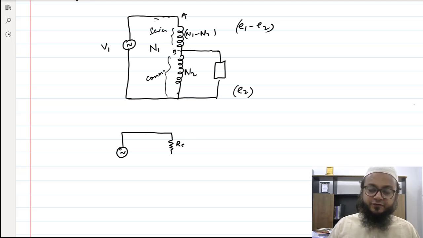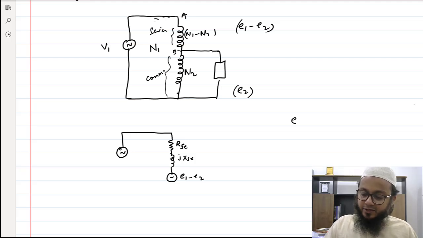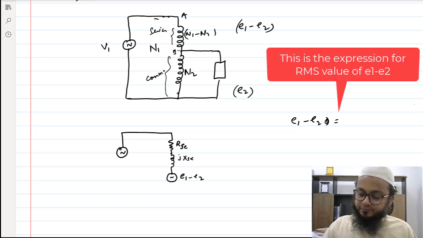For the series winding, SE, I am representing the winding resistance and the leakage reactance jXSE, and obviously the induced EMF here would be E1 minus E2, where E1 minus E2 is equal to 4.44 f phi m times N1 minus N2.